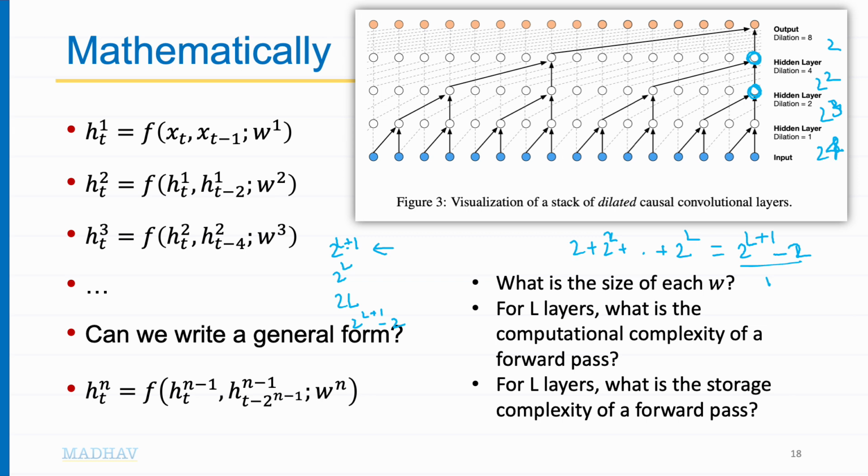If I do it in this fashion, let's say I have already computed everything till t minus 1, the whole matrix I have computed. Now I go to time t. How many computations do I need to do?